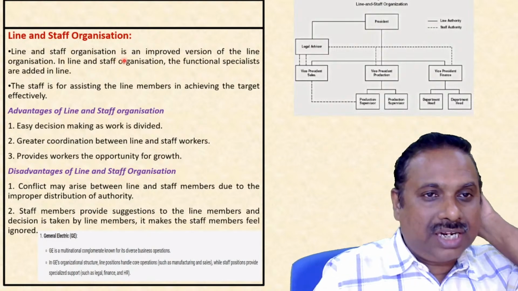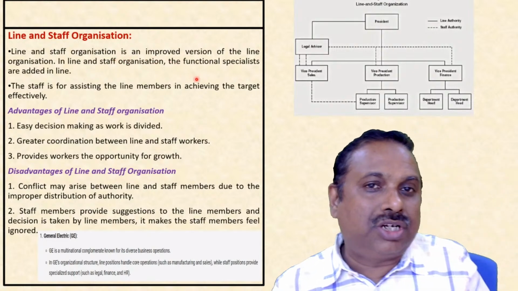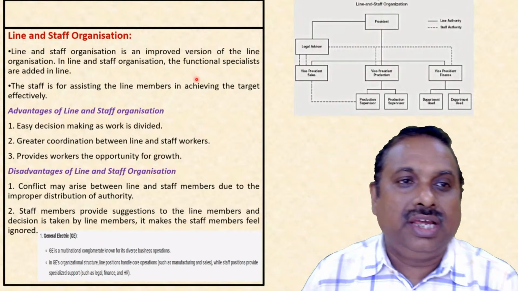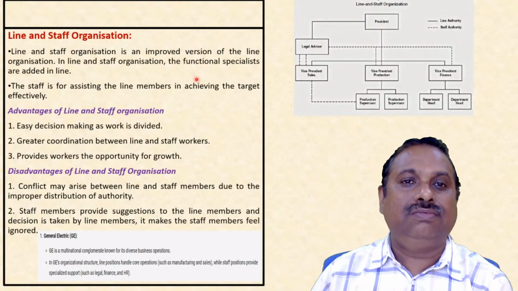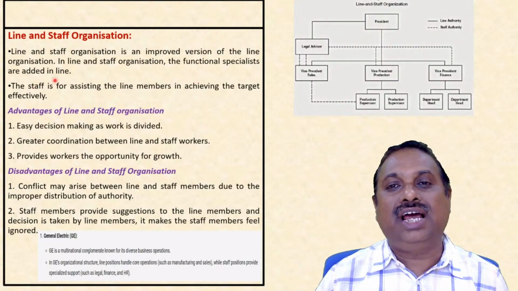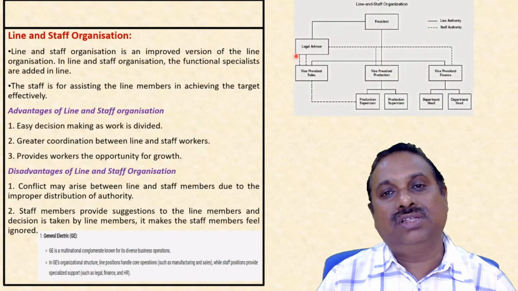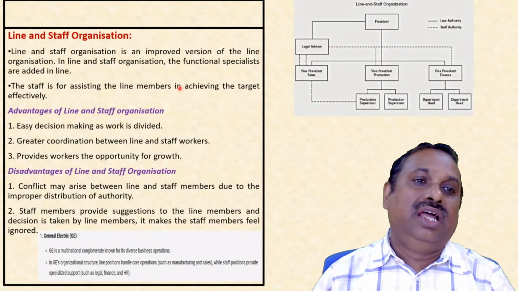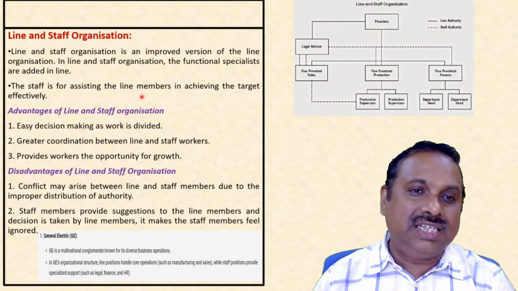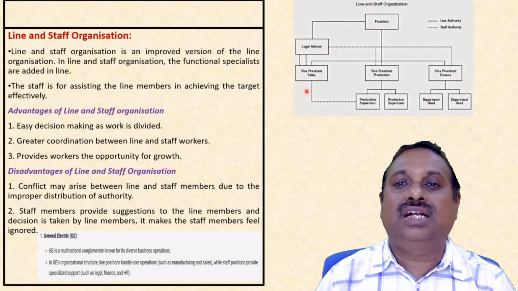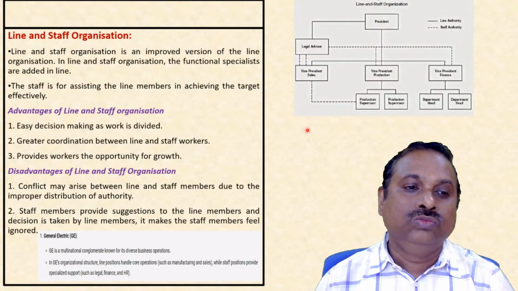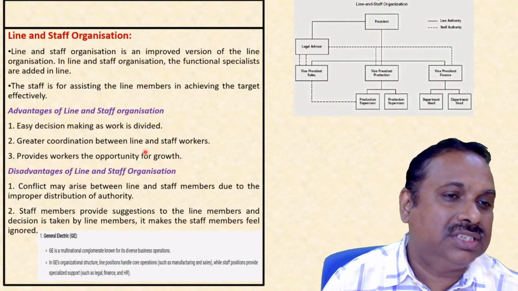Line and staff organization is an improved version of the line organization. In line and staff organization, functional specialists are added in line. Legal is one of the functional specialists. The staff is for assisting the line members in achieving the target effectively. So what are the advantages?